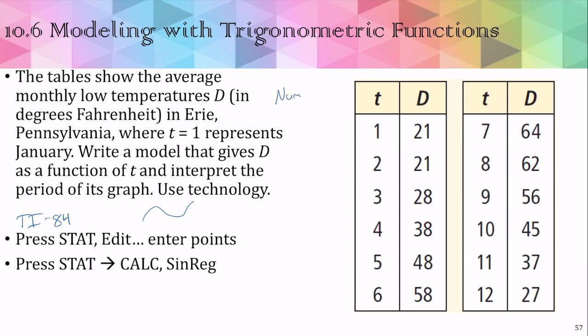If you have the NumWorks, you go to Regression App, and in the data, you enter your points. And then in the graph, you'll have to change your regression to a trig regression.